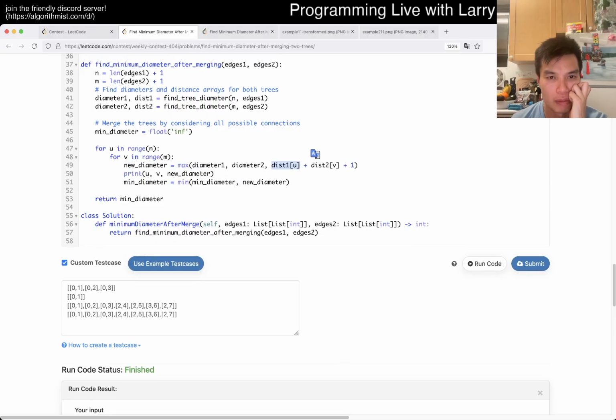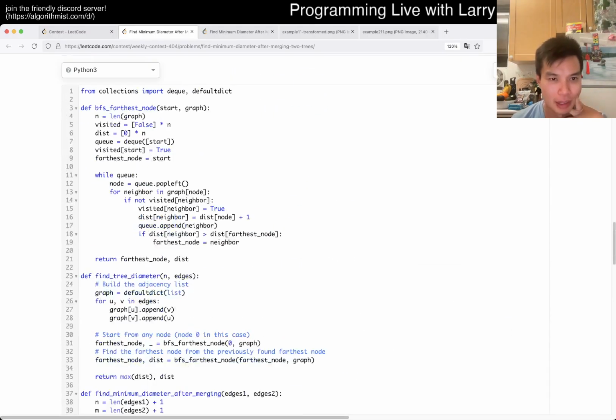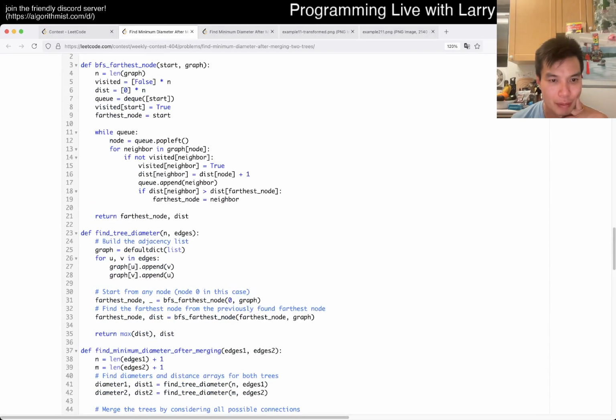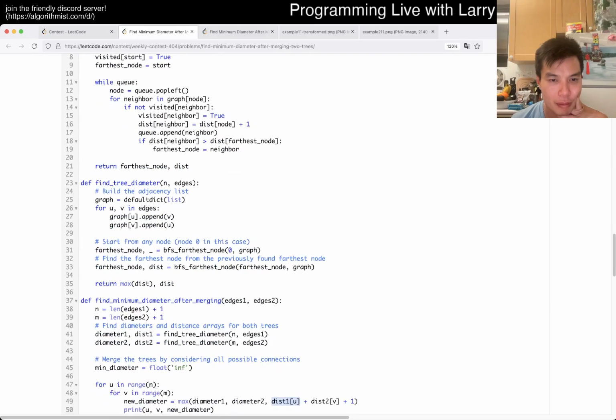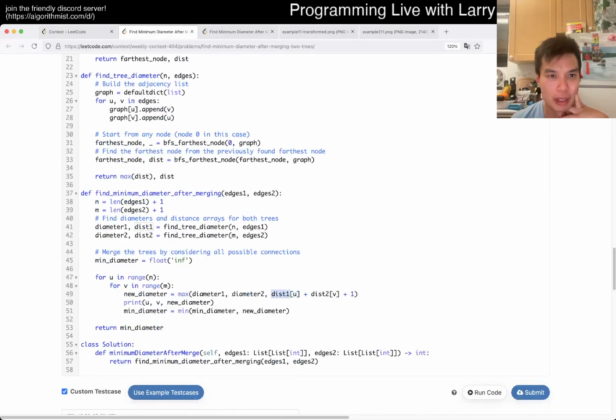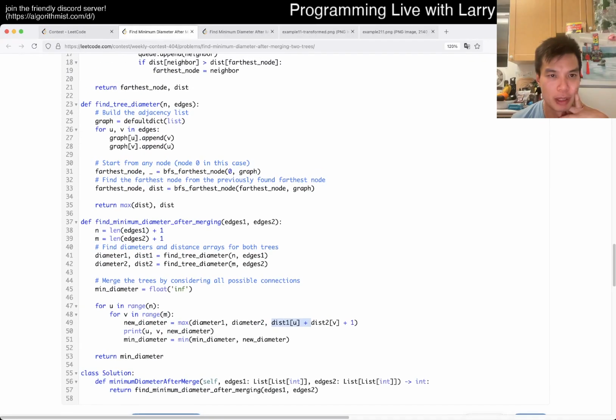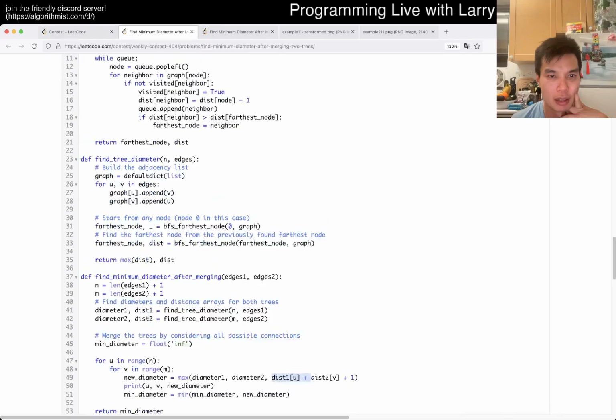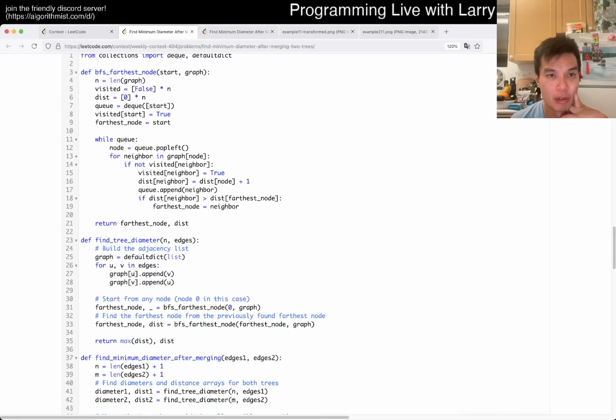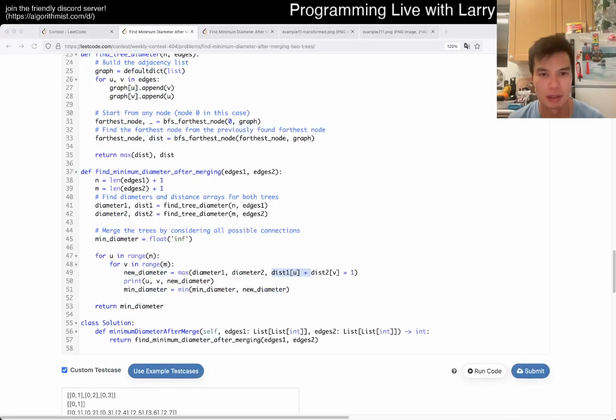Is this wrong? What does distance mean? I thought distance would be the farthest distance from any node, but maybe not. Oh, this is farthest. This is way weird. I think the Leetcode thing is way wrong.